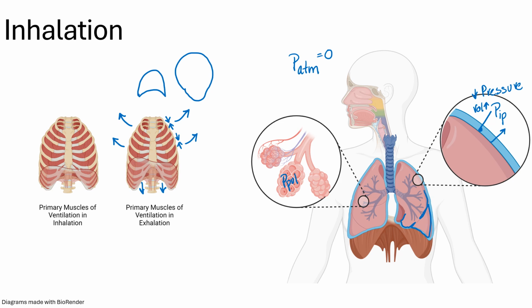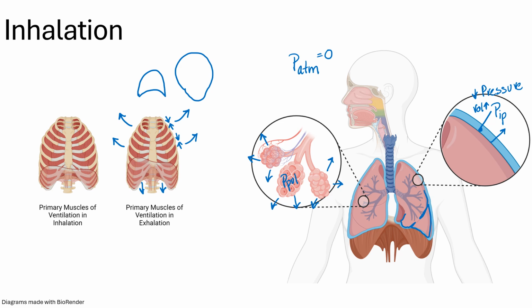So as the visceral pleura moves outward, it also expands all the alveoli. So everything, your chest cavity, all the way down to the tiny alveoli, is expanding.